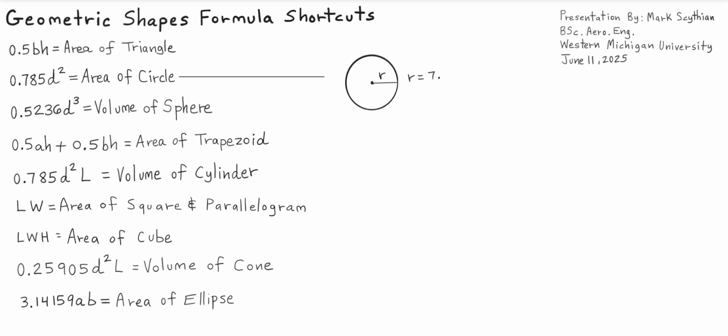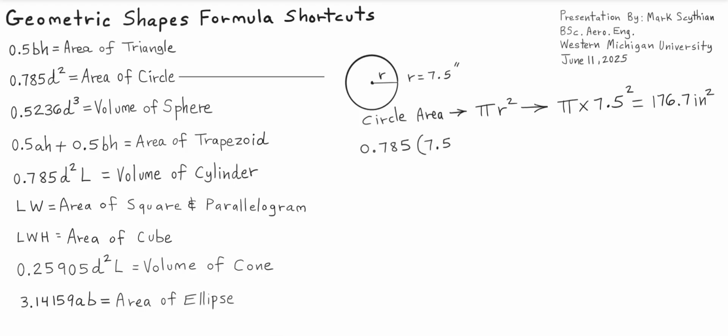And then of course the pi r squared, traditional formula for the area of a circle. So we just take pi times, in this case, radius 7.5 inches squared, and we get 176.7 square inches.